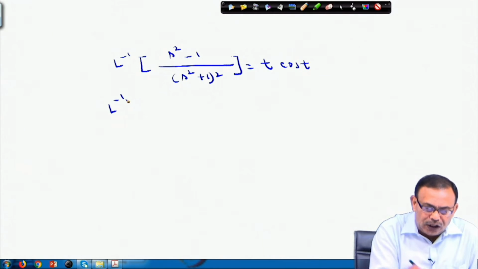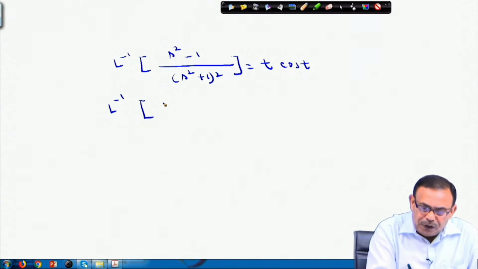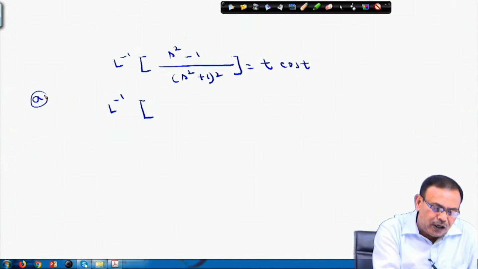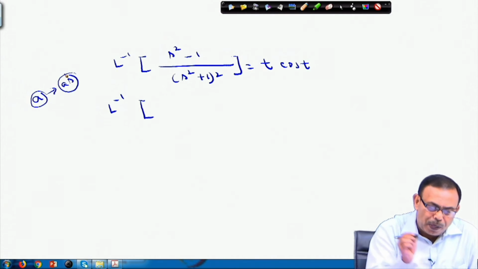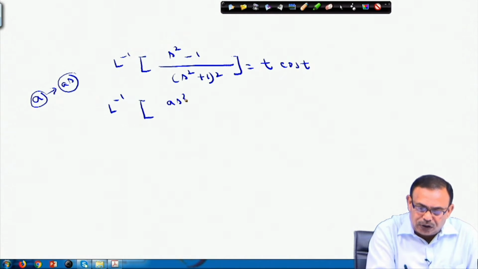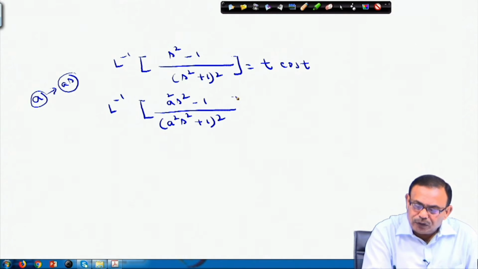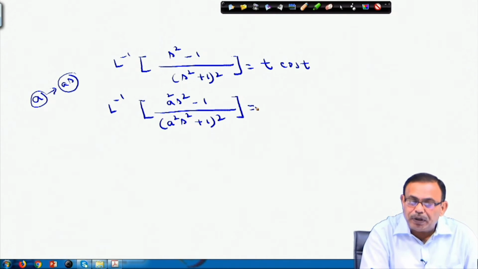So, if I replace s by a s, that Laplace inverse of (s square minus 1) divided by (s square plus 1) whole square, what will happen here?